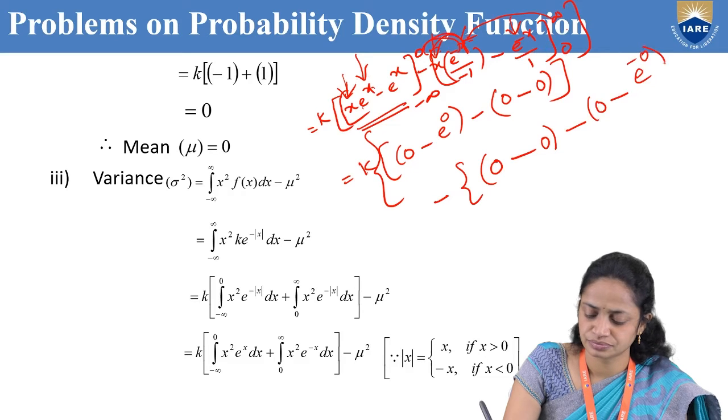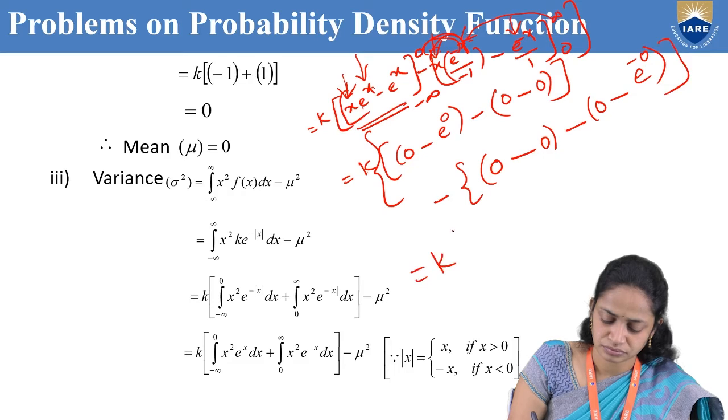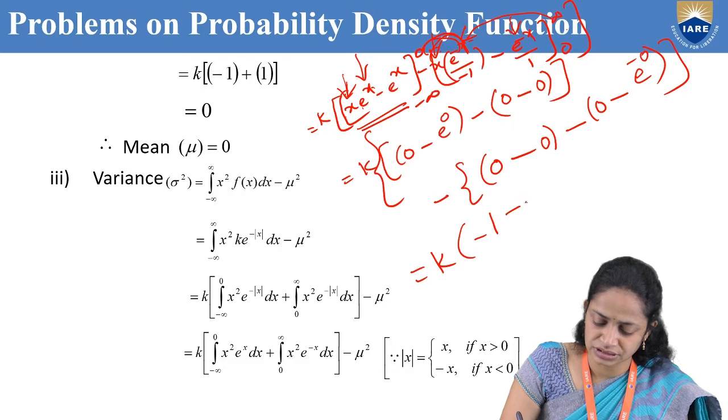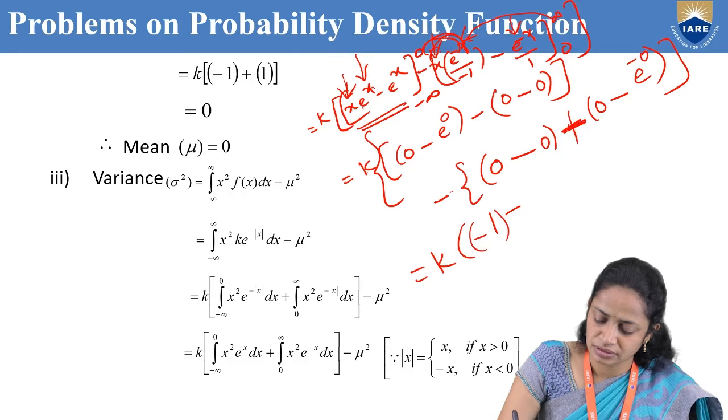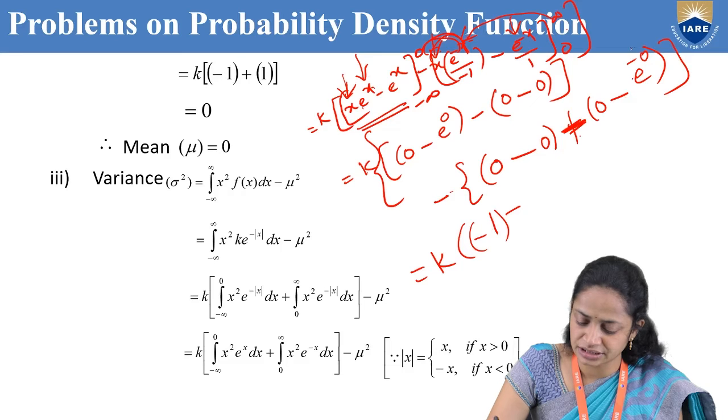Okay, so k into minus e power 0, that is minus 1, plus this 0, and this is minus into minus plus, and this is 1, right?